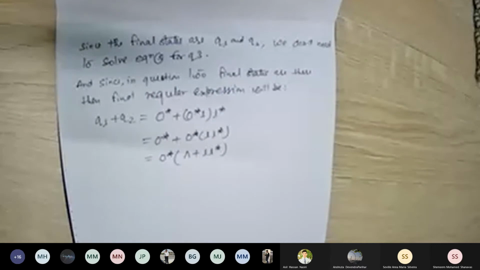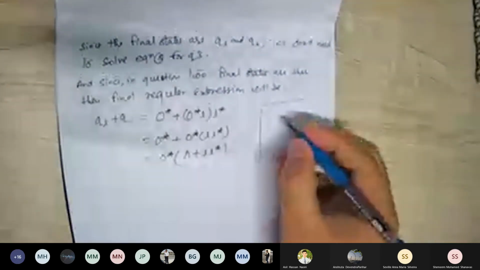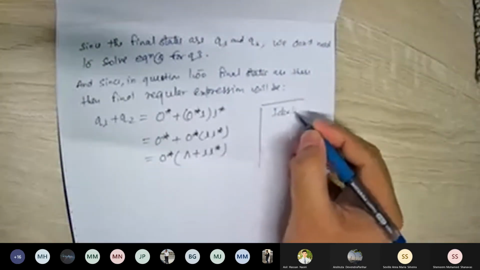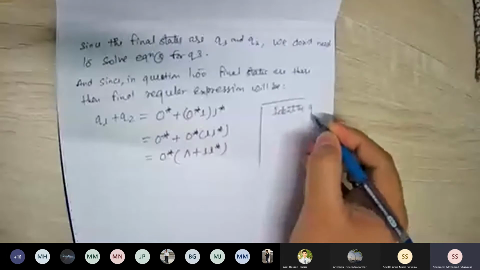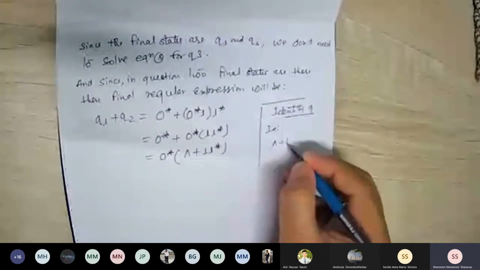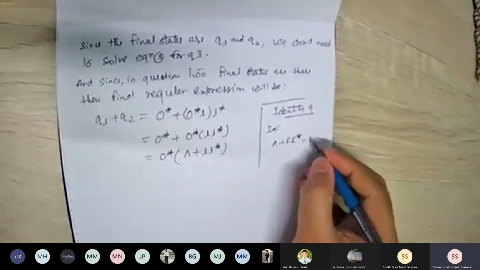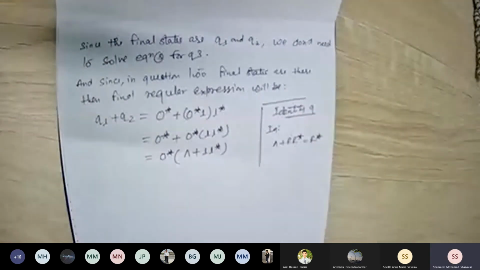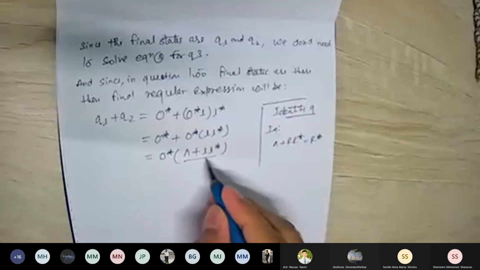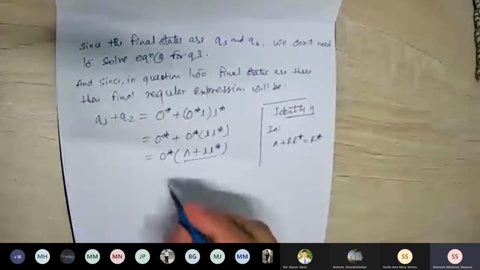Now apply identity 9 here. What was identity 9? Null plus R star is equal to R star. What is the value of R here? 1.